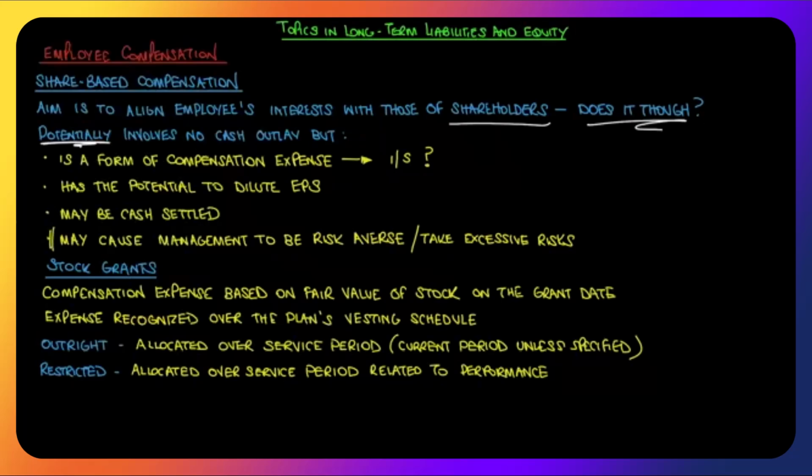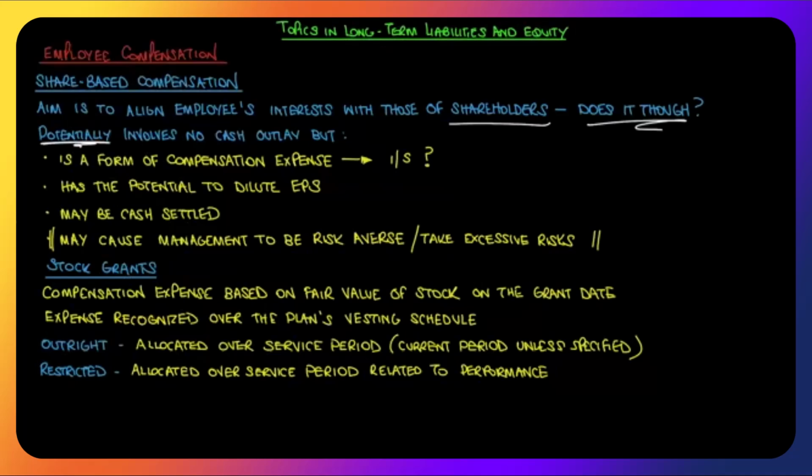And this is the big one. This tends to be restricted to the C-suite and senior management, and it may cause them to be risk averse. They don't want to do anything risky, take on massive risks, because that's got the potential to hurt the stock price.